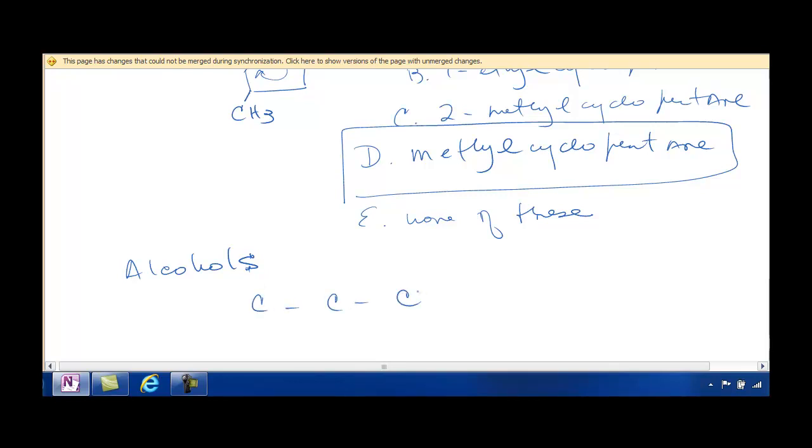If I have a hydrocarbon chain with an OH group, hydrocarbon chains with an OH. So instead of having a chloro or a bromo or a methyl or an ethyl, I have a single bond OH, which is called a hydroxyl group.